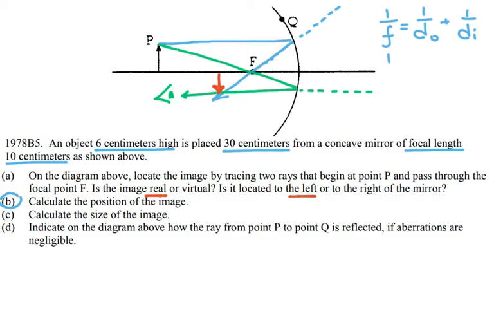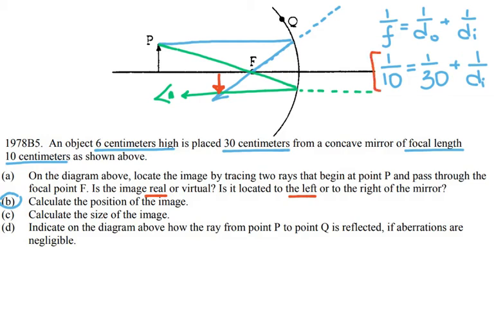So I have 1 over 10. Again, I could convert into meters, and my conversions would cancel 10 to the negative 2 from all of them, so I don't have to. And then I have 1 over the distance to the object, which is given to be 30 centimeters, plus 1 over the distance to the image.